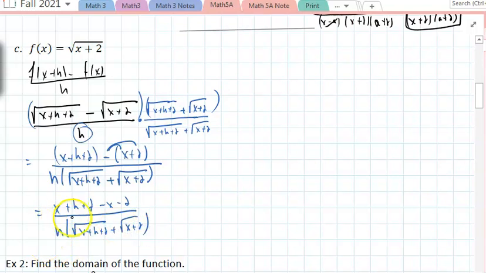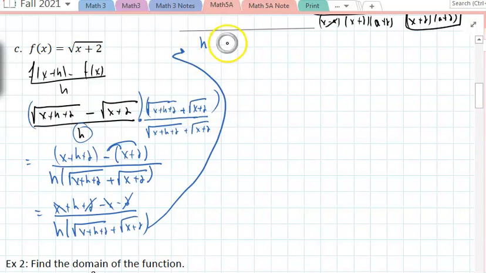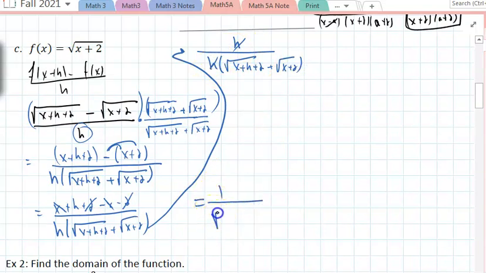And what do you notice? The 2's cancel out and those cancel out. And what are you left with? You're left with h over h times the square root of x plus h plus 2 plus the square root of x plus 2. And once that h cancel out, you would know that you are done. And that would be my final answer.